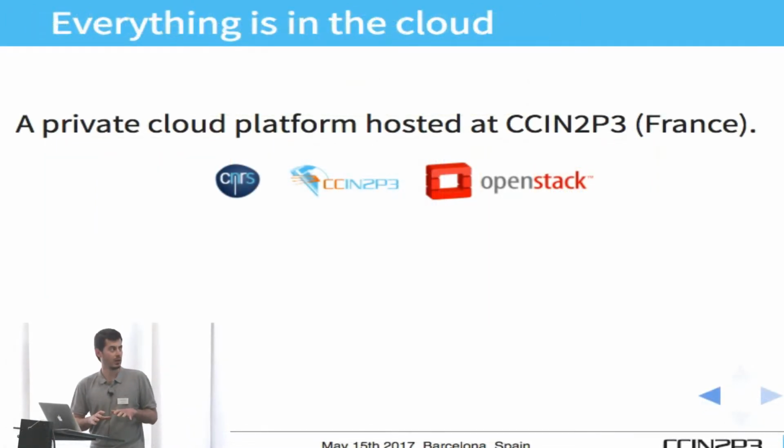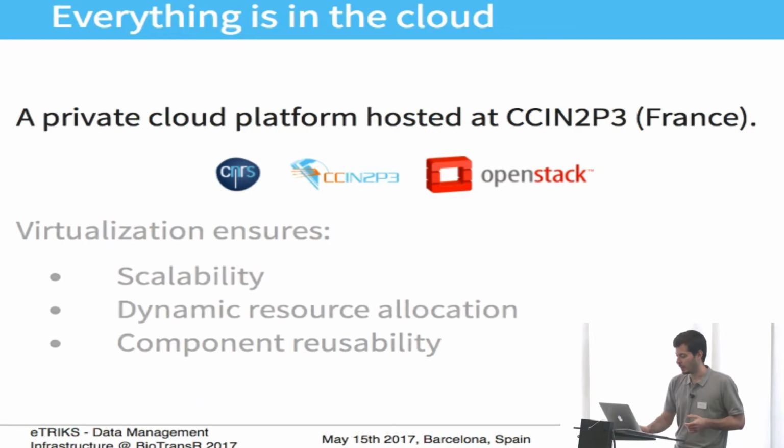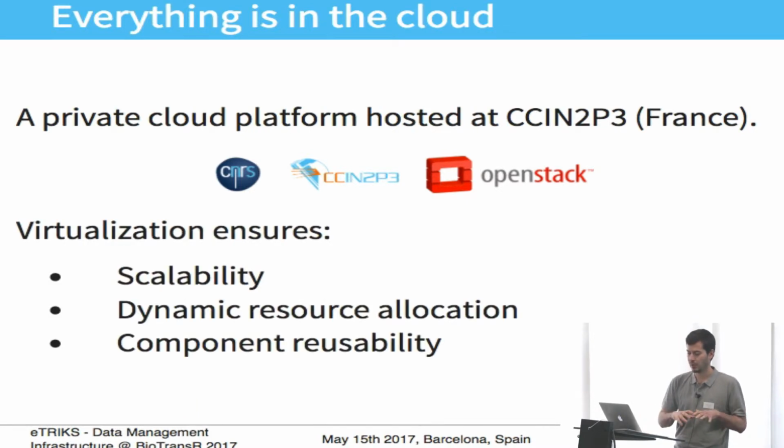Another key point of our success on the infrastructure level was to use cloud technology. We use OpenStack because it was already in use at CC-IN2P3, so we had the expertise on site. And that allows us, through virtualization of services, to scale, because we can easily start new servers and duplicate them if needed.